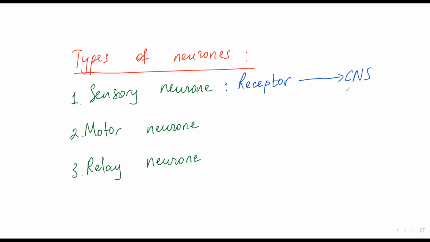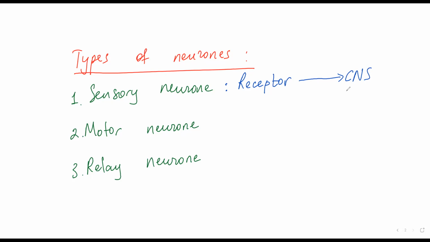So what do you think, guys? What will happen if we damage our sensory neuron? Not giving a response? No. Yes, it will be related to feeling, guys. Response is not related to the sensory neuron. So when we have damage in the sensory neuron, you will not feel the stimuli.